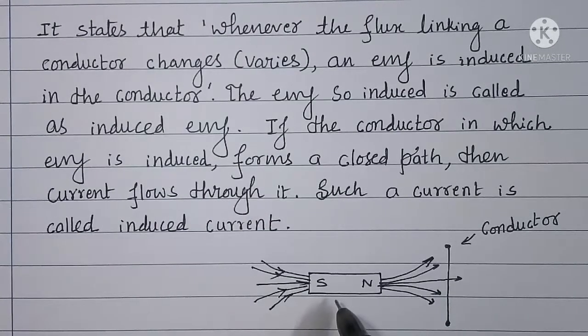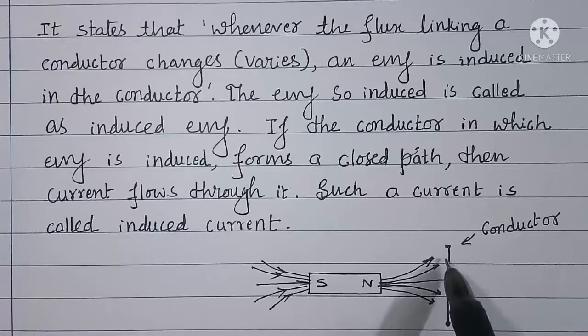Now if I take this bar magnet near the conductor, then more number of magnetic lines of force will link with the conductor. And if I take it away from the conductor, less number of magnetic lines of force will link with the conductor. That is, the quantity of the flux that is linking with the conductor is changing. So because of this change in flux linking with the conductor, EMF will be induced in the conductor, and that EMF is called as induced EMF.